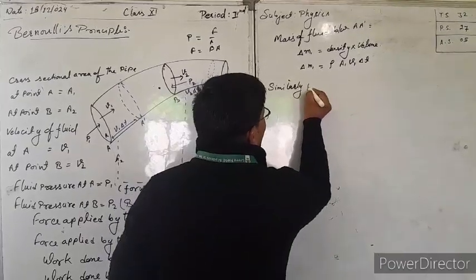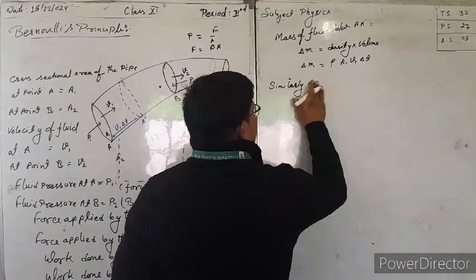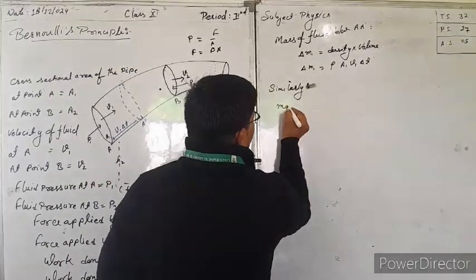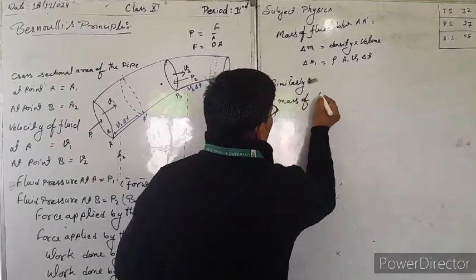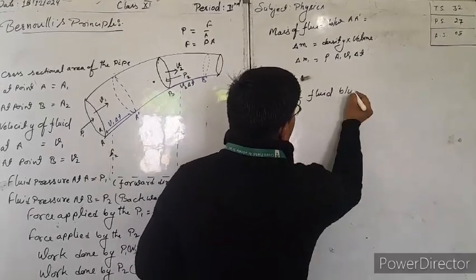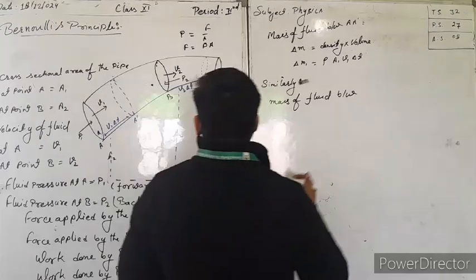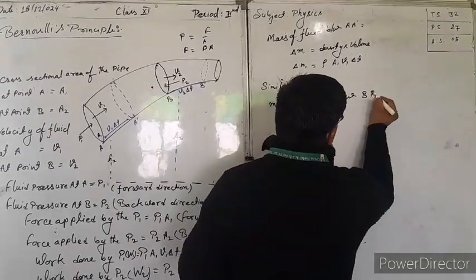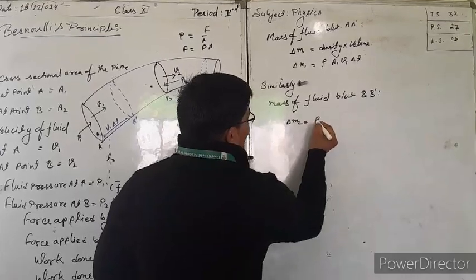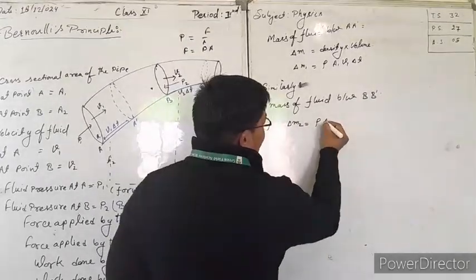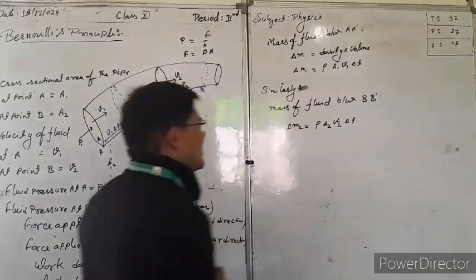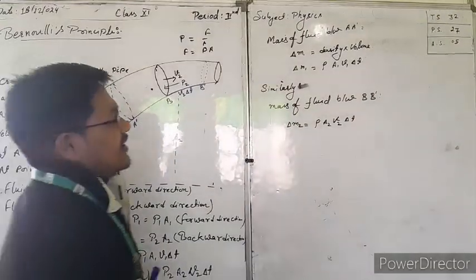Similarly, the mass of fluid between B and B dash will be delta M2, equal to rho A2 V2 delta T. Now just have a look, beta.